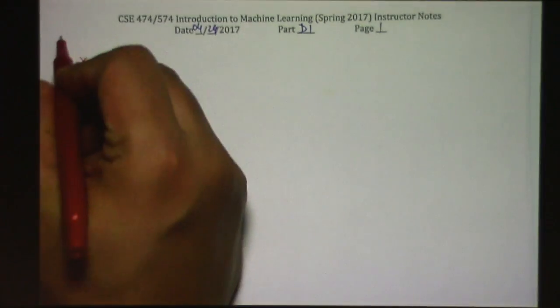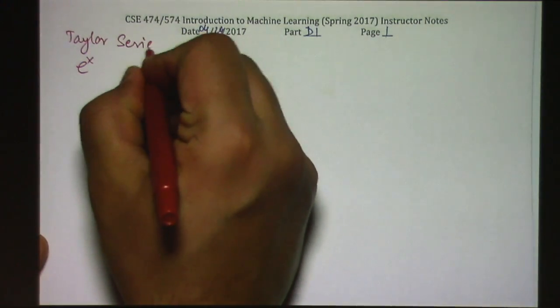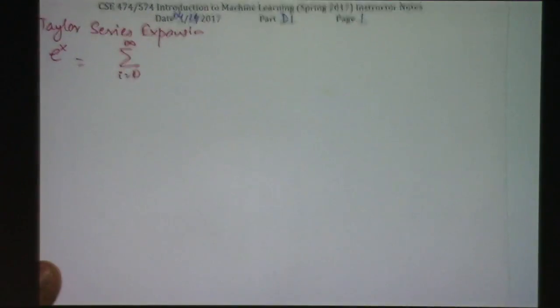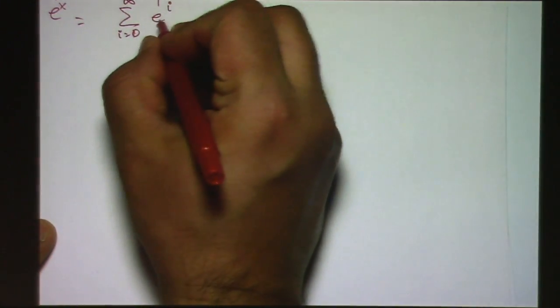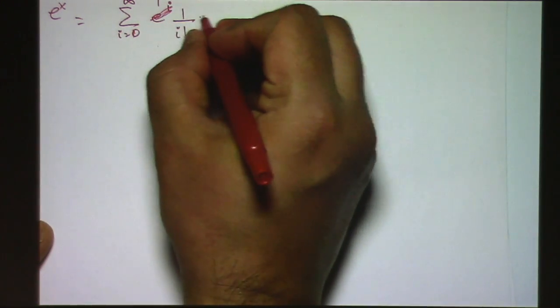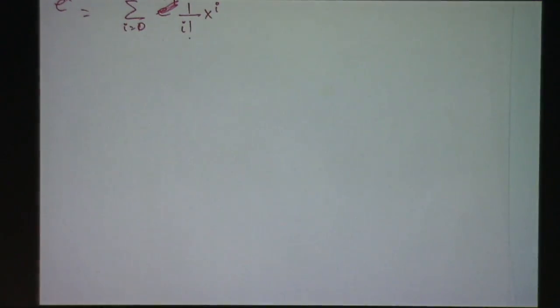The Taylor series expansion for e to the power x is given like this: a summation going to infinity, so it's an infinite series, of 1 over i factorial times x to the power i.